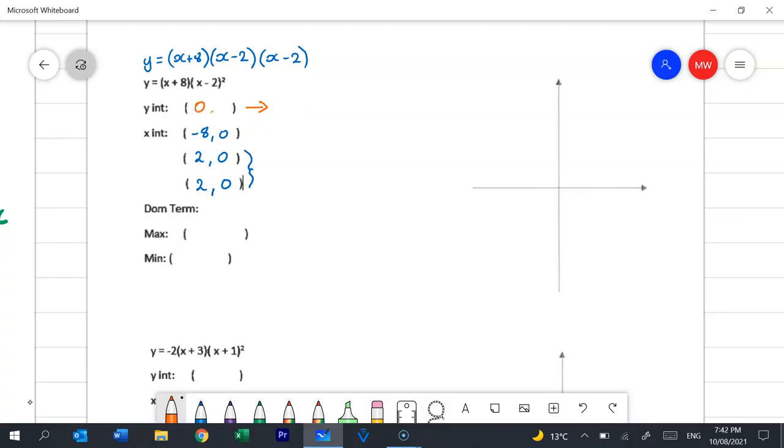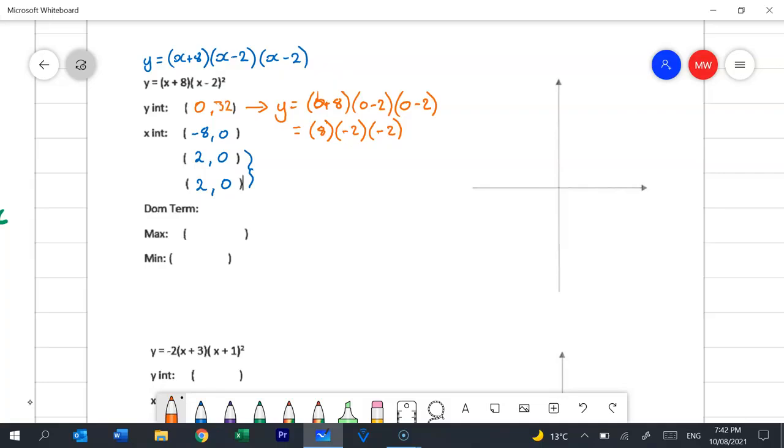When x is nothing, y will be 0 plus 8 times 0 minus 2 times 0 minus 2, or we might prefer to write that as 8 times minus 2 times minus 2, which gives us positive 32.